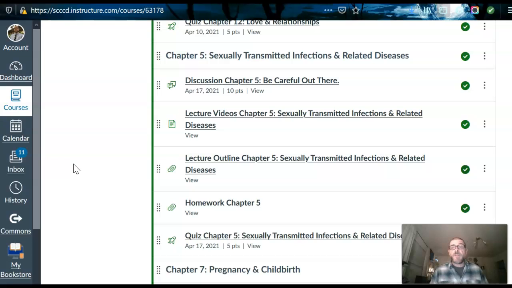And so we're going to talk about some general information about STIs and just some mythology around those things too. Also examining the real scary possibility of being asymptomatic. That is, you don't show any signs or symptoms of being infected. And of course, that means you can pass it on to others. Or if you're with somebody who doesn't show any signs, they can pass it on to you.